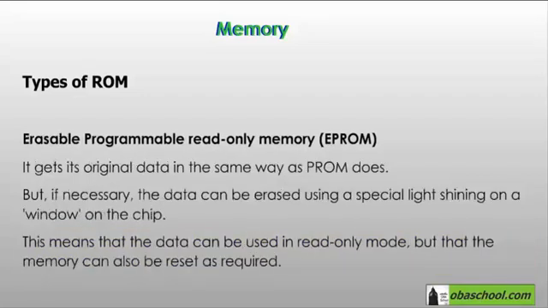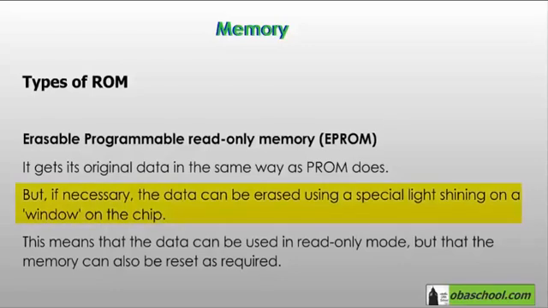Now let's move to the second type, EPROM, Erasable Programmable Read-Only Memory. The EPROM gets its original data in the same way as PROM does. So in the beginning it's empty, then the company puts its own information, then it's locked and it becomes permanent. But if necessary, the data can be erased using a special light shining on a window on the chip, and that's why it's called erasable.